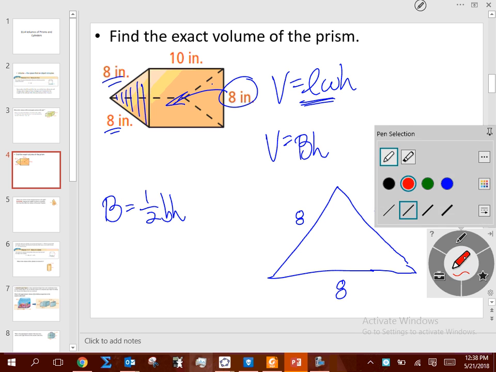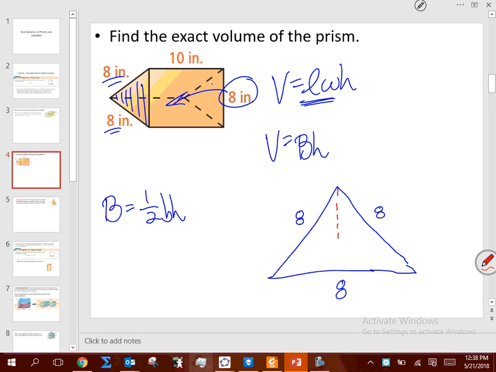So it tells me that there exists some line right here, my altitude, which is going to divide this 60-degree angle up here to a 30-degree angle, right? 30, 90, 60. This breaks down to 4, doesn't it? So that's my inside.